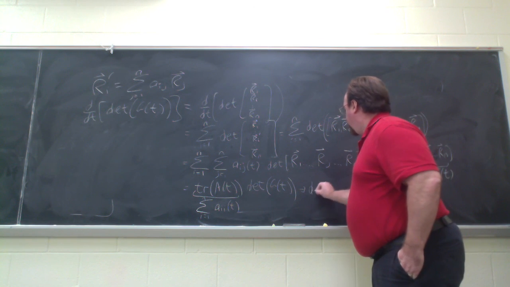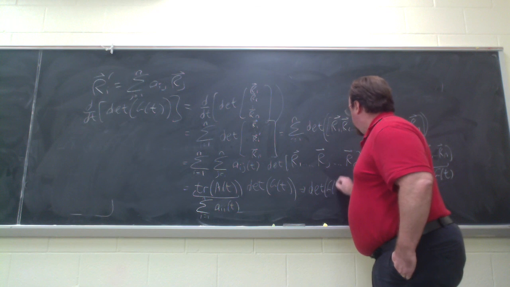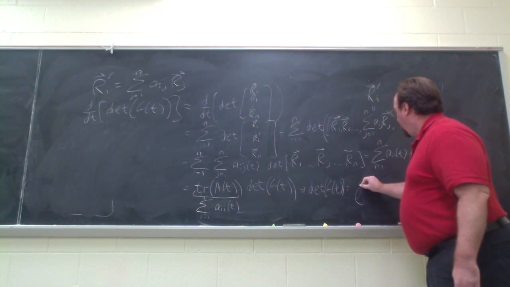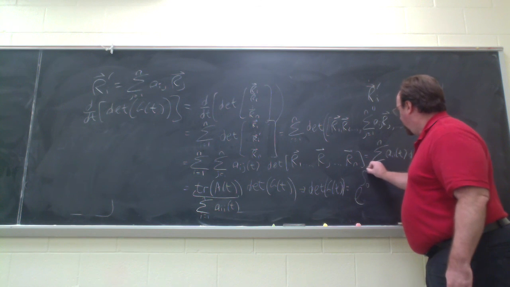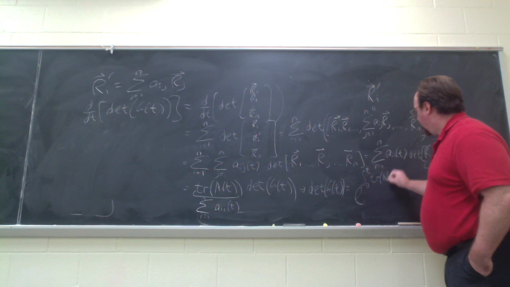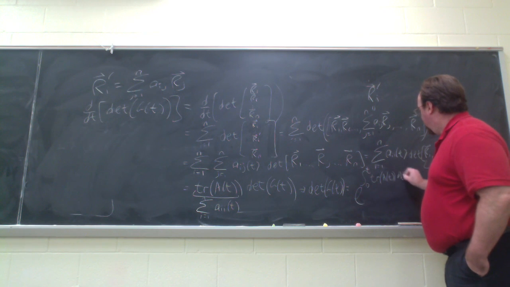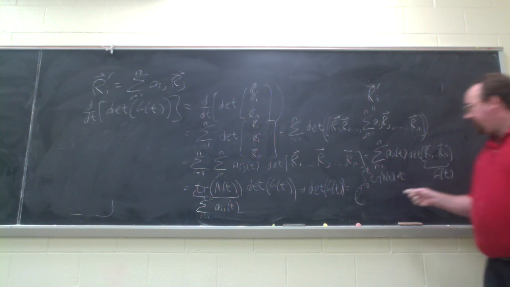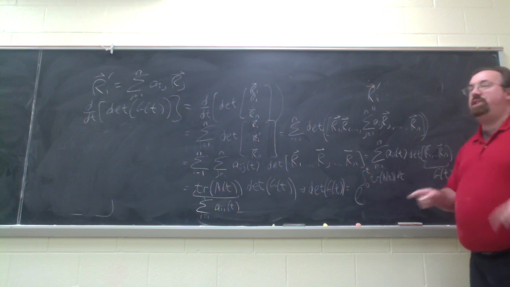So the determinant is equal to the exponential of the integral of the trace, times the determinant of g of 0.